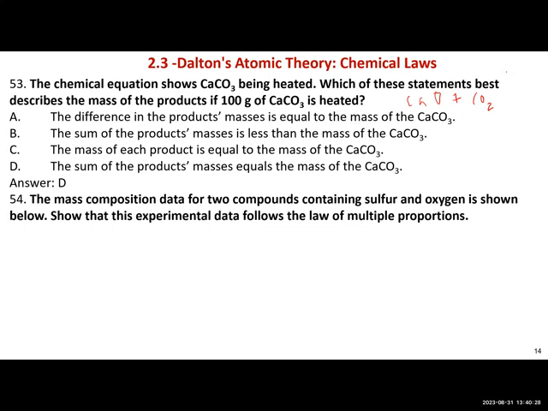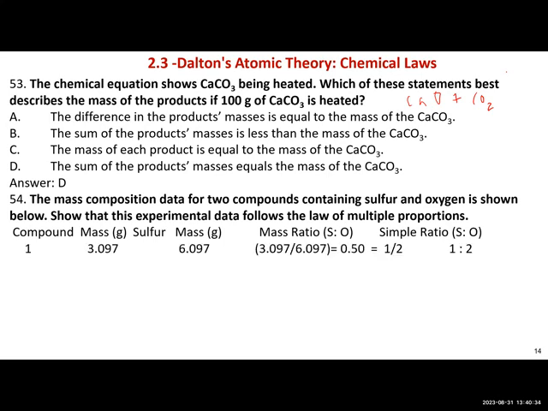The mass composition data for sulfur and oxygen is given here. This is the law of multiple proportions. It says that when two different compounds form in two different ratios, here sulfur has 2 oxygen, here sulfur has 3 oxygen.